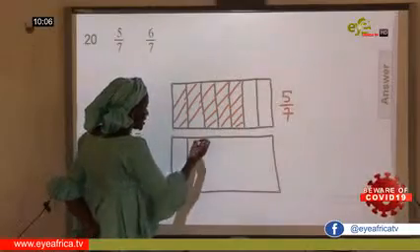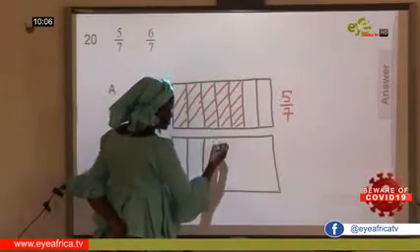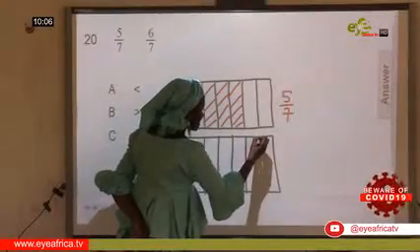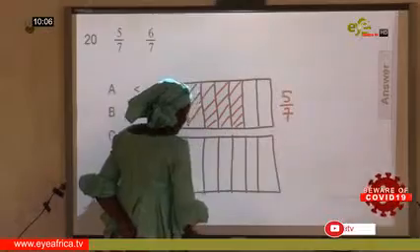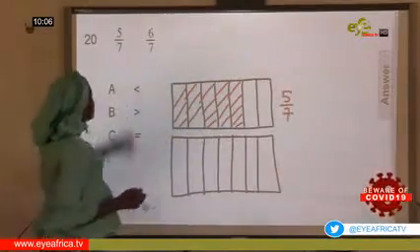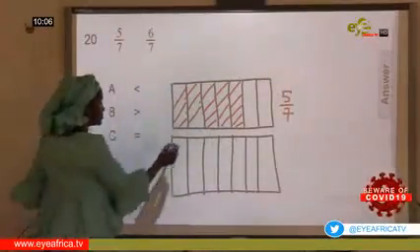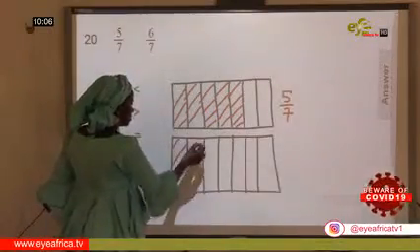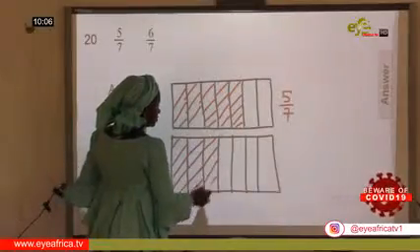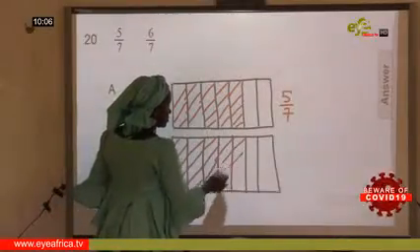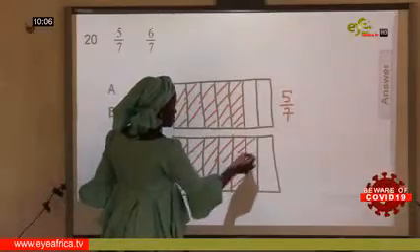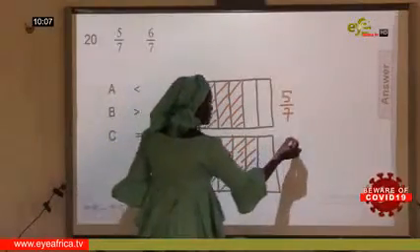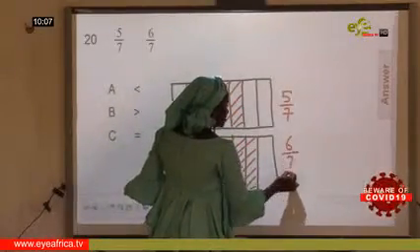If I divide it into 7 equal parts, and now 6/7. This is 6/7.